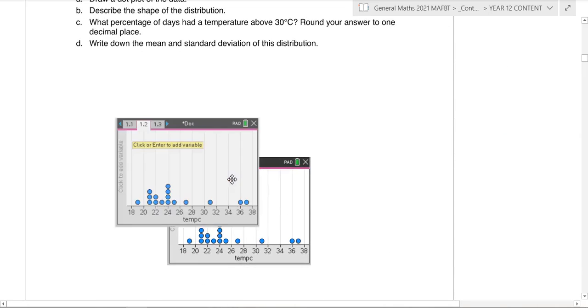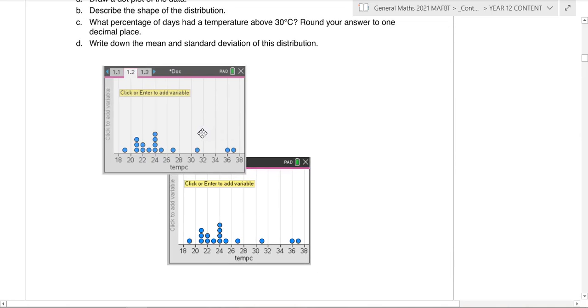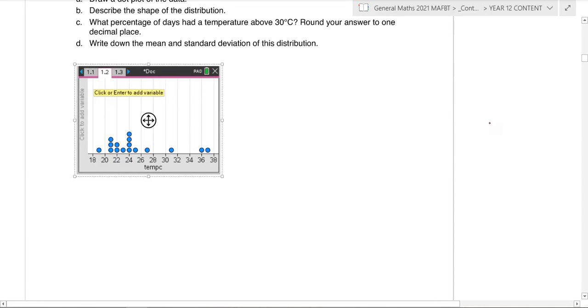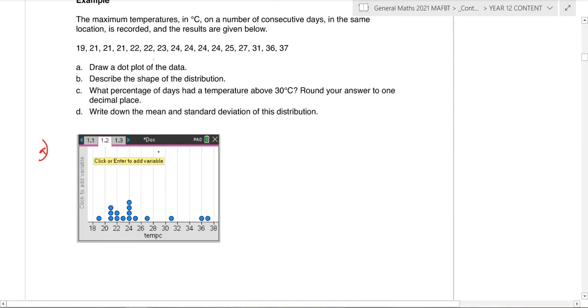If you do a dot plot by hand, I would suggest just doing it on the CAS, as it is a lot easier. But if you do it by hand, do not skip any numbers. So that's what my dot plot looks like. Part B, describe the shape of the distribution. Now I can see that the distribution sort of starts high, then it goes down like that.